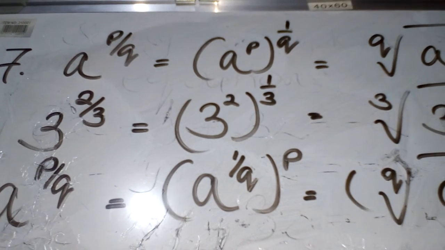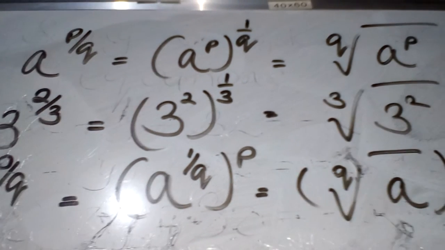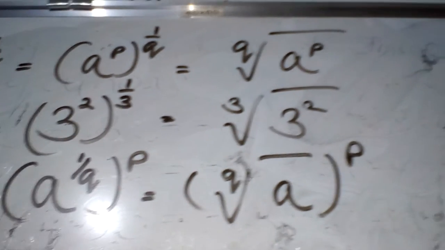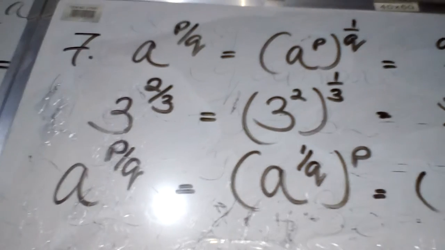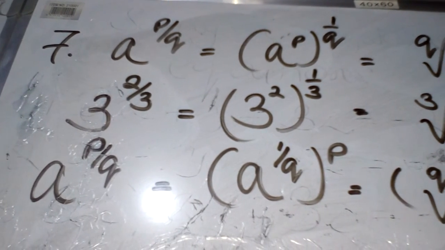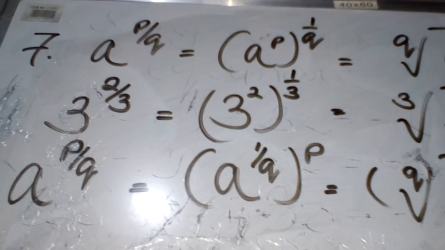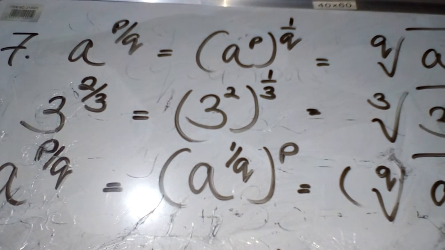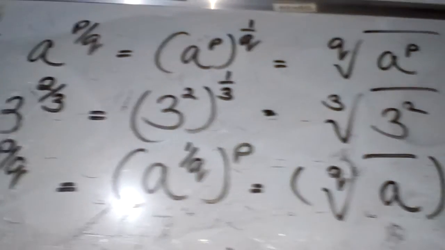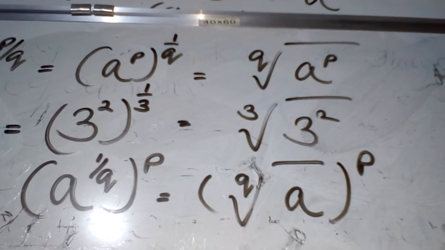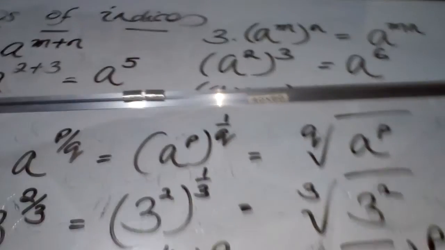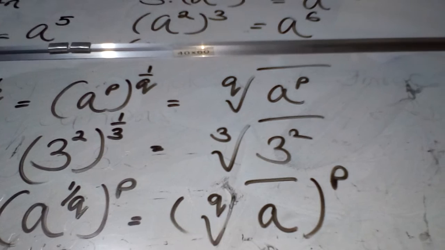Simply say 3 squared to the power 1/3, which is basically the cube root of 3 squared. A to the power p over q will look like explained above. In this instance, you will simply write a to the power 1 over q, brackets p, which is just another way of writing this other first example in rule number 7, as can be seen by the brackets indicated.